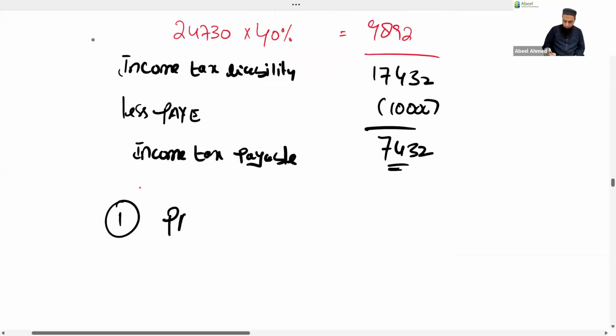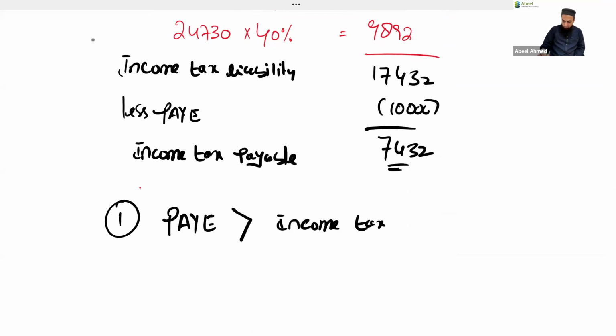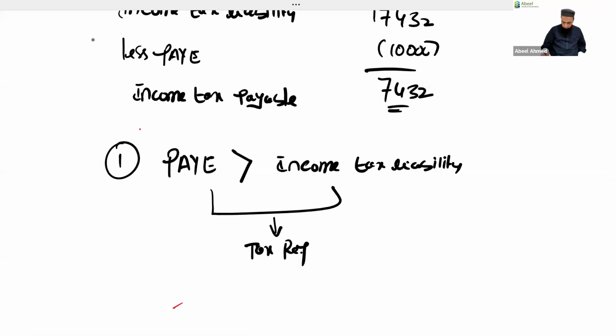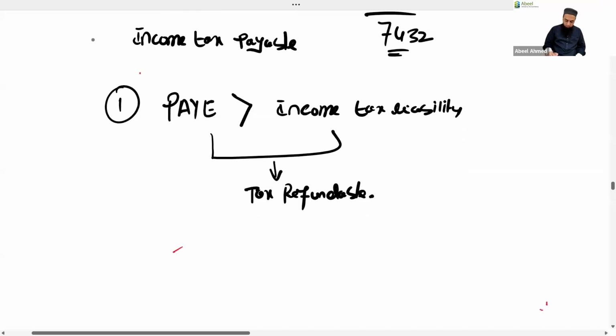Now look at the rule. If PAYE is more than income tax liability, if you come across a question where, let's say, PAYE is more than the income tax liability, then the difference will be your tax refundable. But there's another possibility which we have in this question.